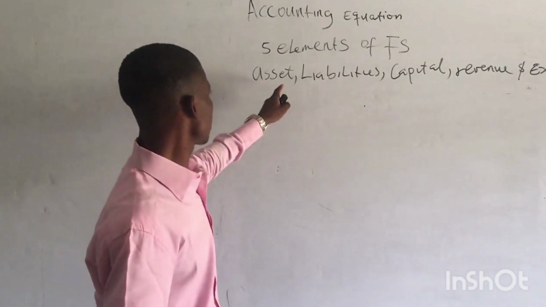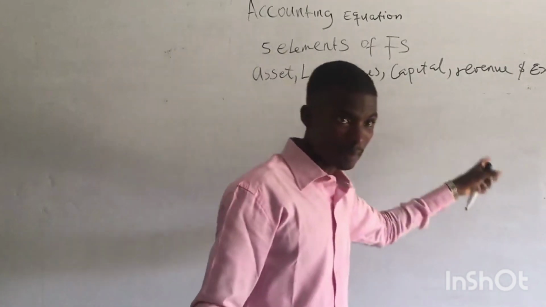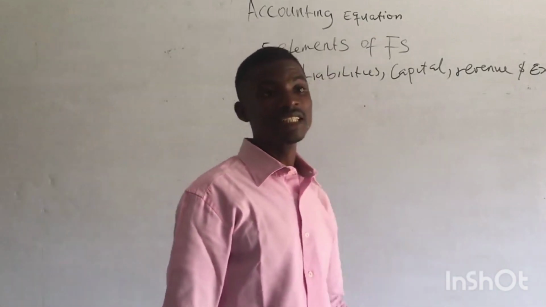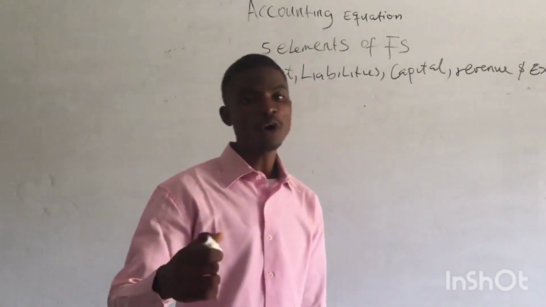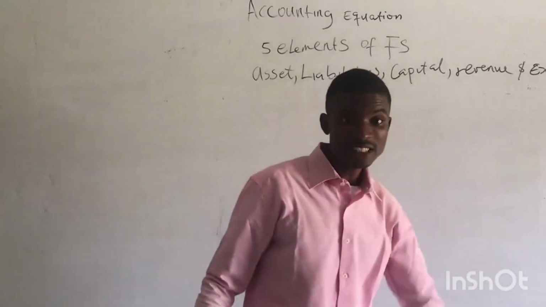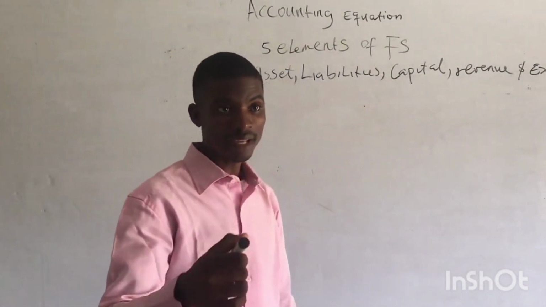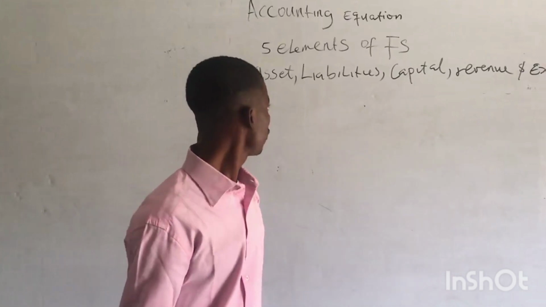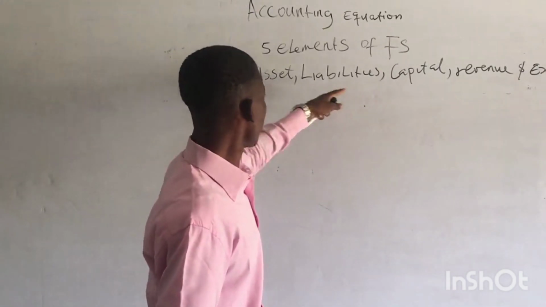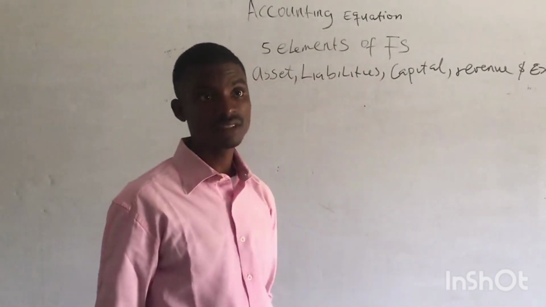And these first 3, assets, liability and capital, are usually represented in the statement of financial position or balance sheet, while these last 2, revenue and expenses, are usually treated in the income statement. Therefore, these 3 now are the components of the accounting equation.